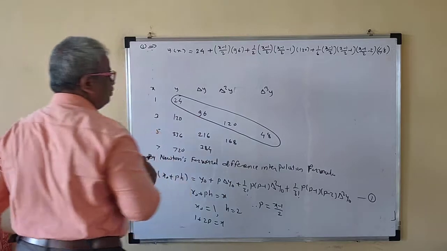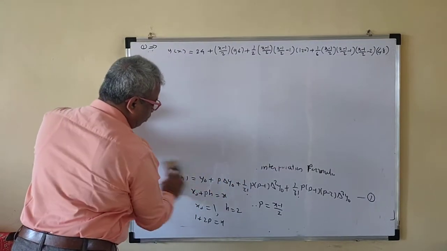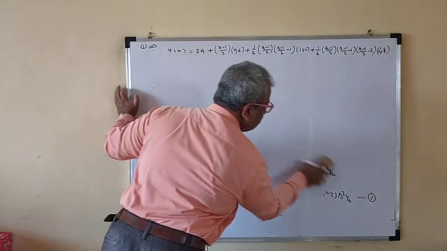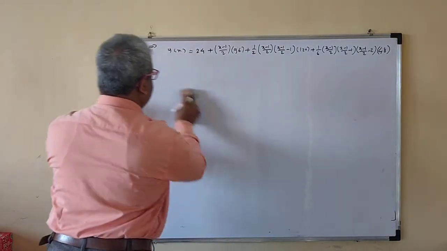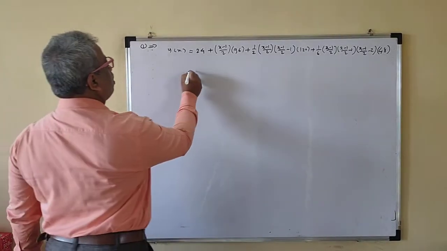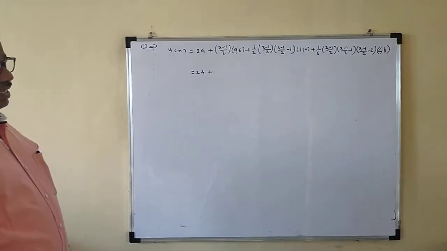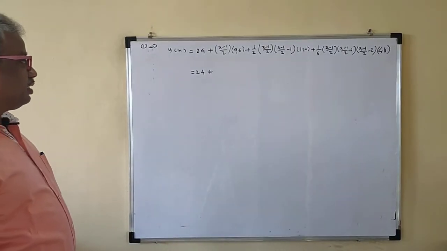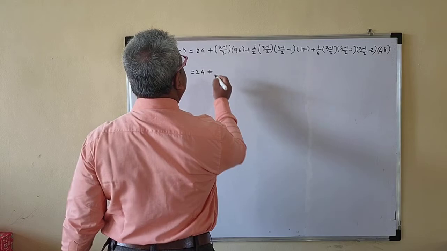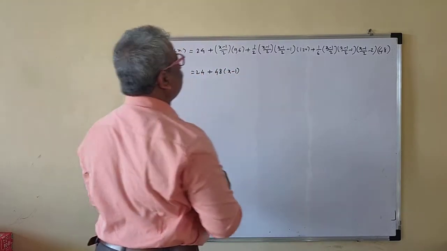Now we don't need this table now. The table is only for finding the values of this. Okay. So now we'll simplify this. So 24 will be as it is, plus 96 times x minus 1 upon 2, so for 96 it is 48 now. This is 48 into x minus 1.